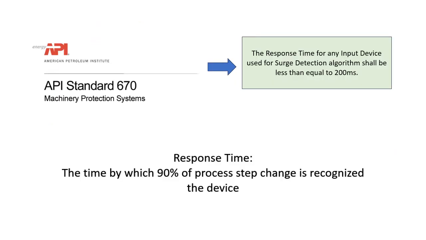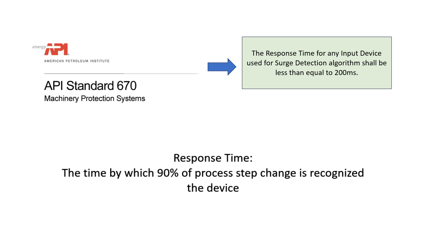Now, as per API standard 670, the response time for any input device used in surge detection algorithm shall be less than or equal to 200 milliseconds. One important point here: in API 670, the definition of response time is the time by which 90% of the process step change is recognized by the device.